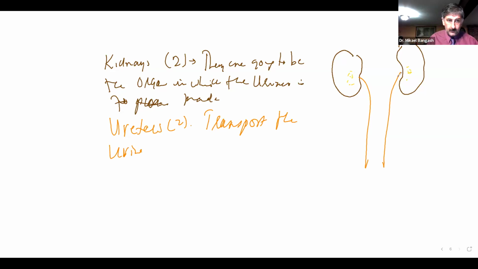So they transport the urine from the kidneys to the urinary bladder, which was our next structure.